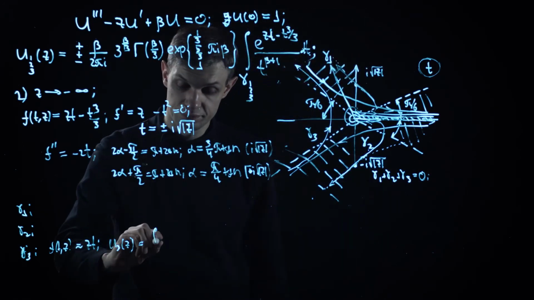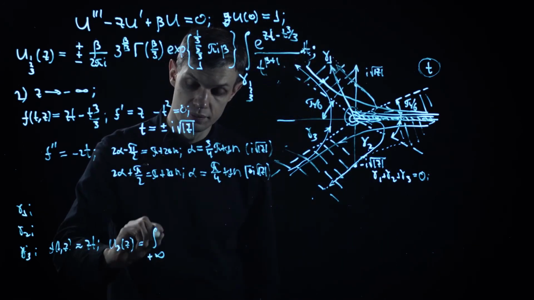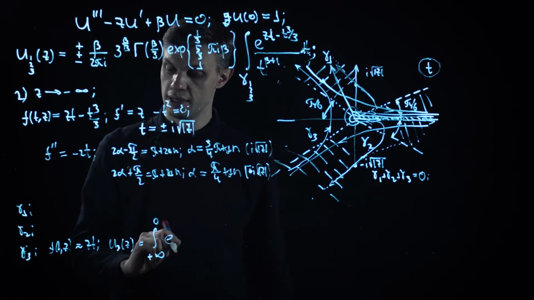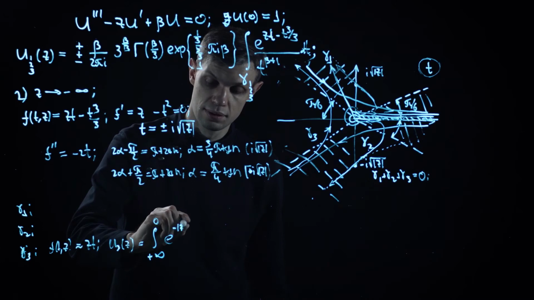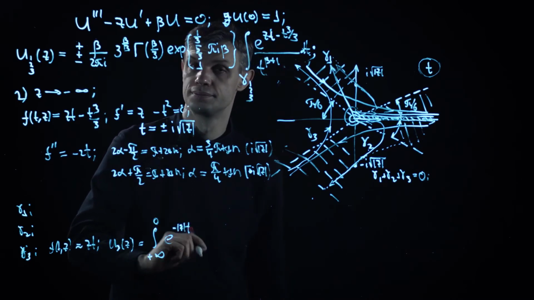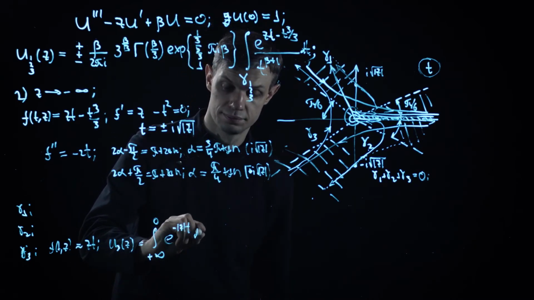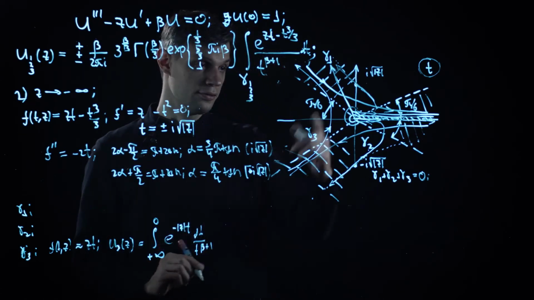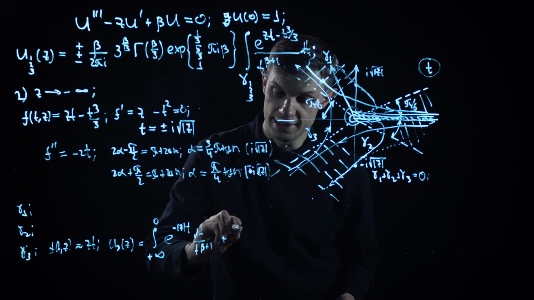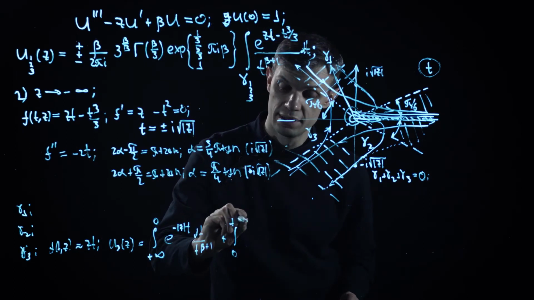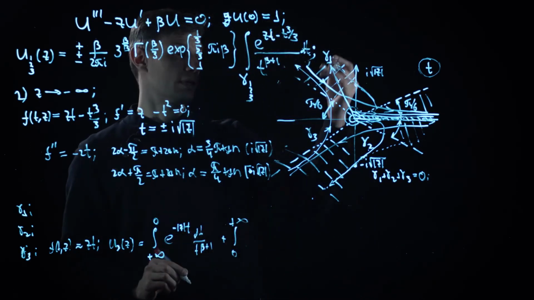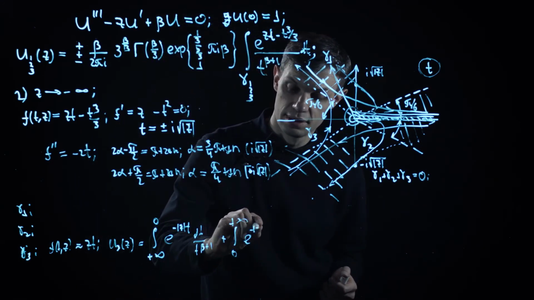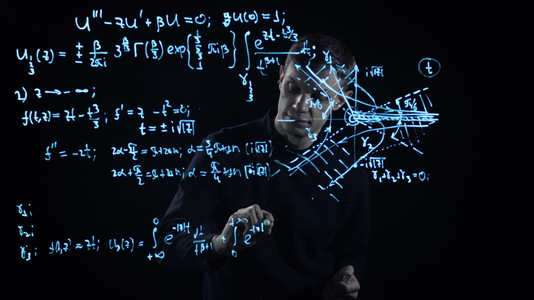So this contribution comes from the lower bank. And from the upper bank, we have an identical contribution, but with a different value of the t to the beta function.